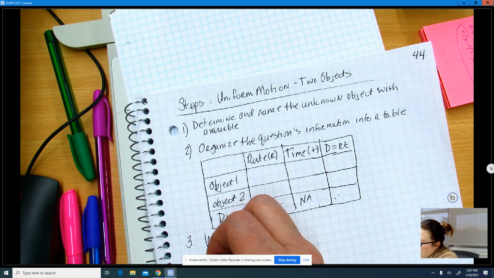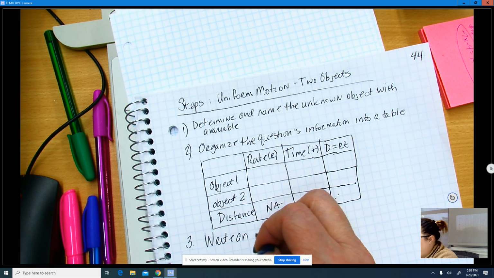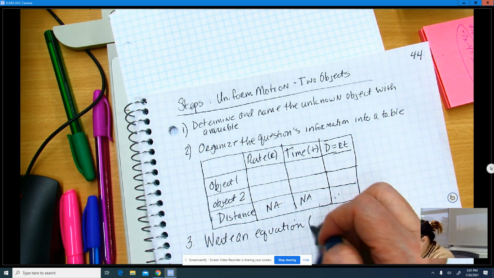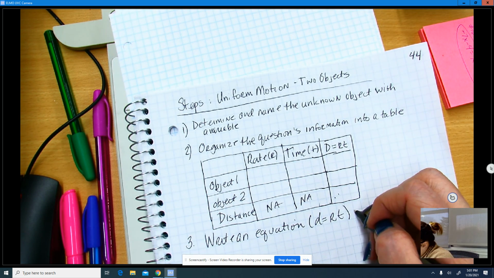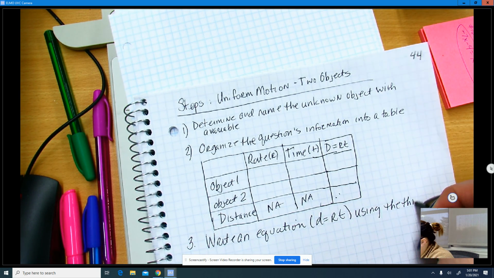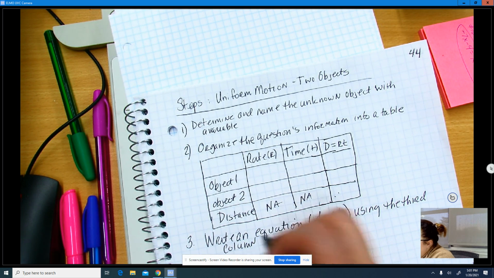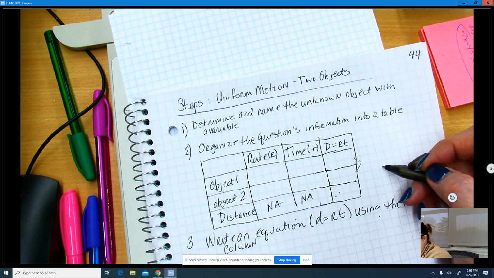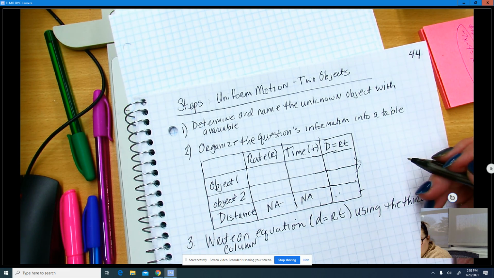So step 3, write an equation, and you're going to use the form distance equals rate times time using the 3rd column. Like when we did mixtures, these 2 are going to represent one side of the equation, and the distance is going to be the other side of the equation.